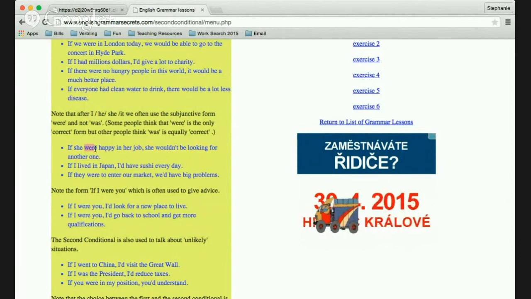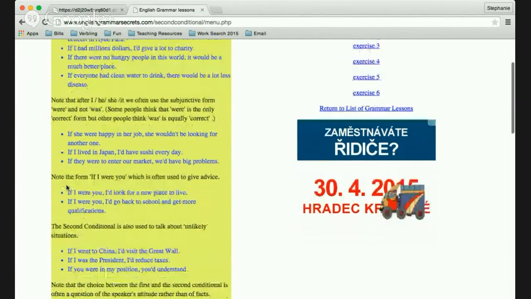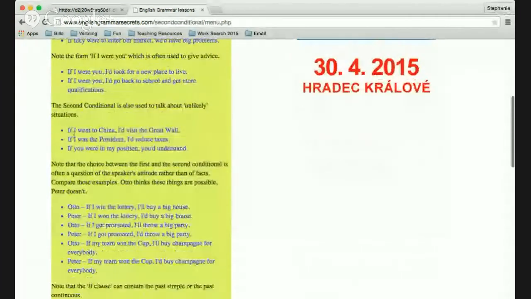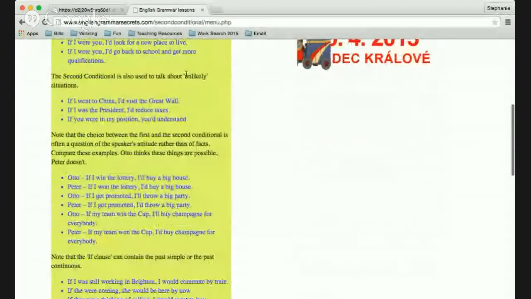So simple past would be was, she was, but here it's the subjunctive, so it's were. It's impossible situations, also unlikely situations, or things that you do not believe will happen.